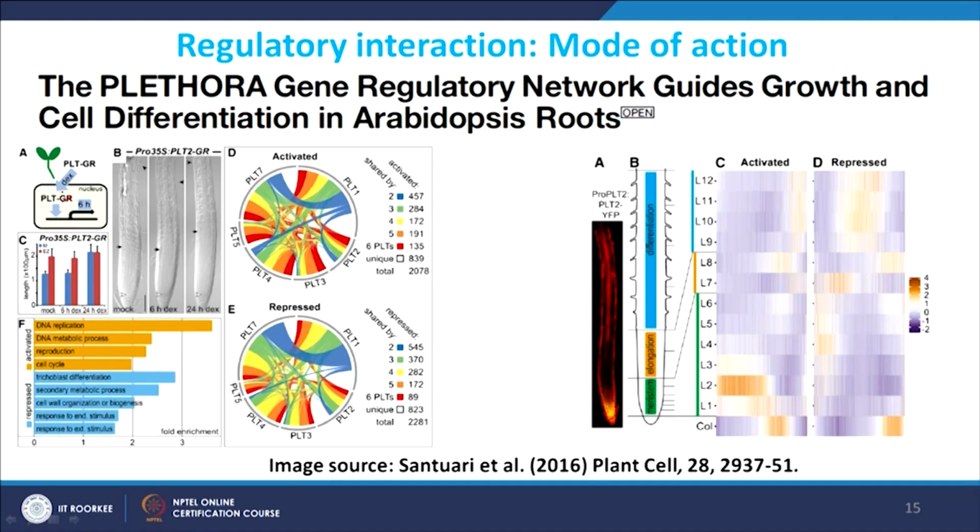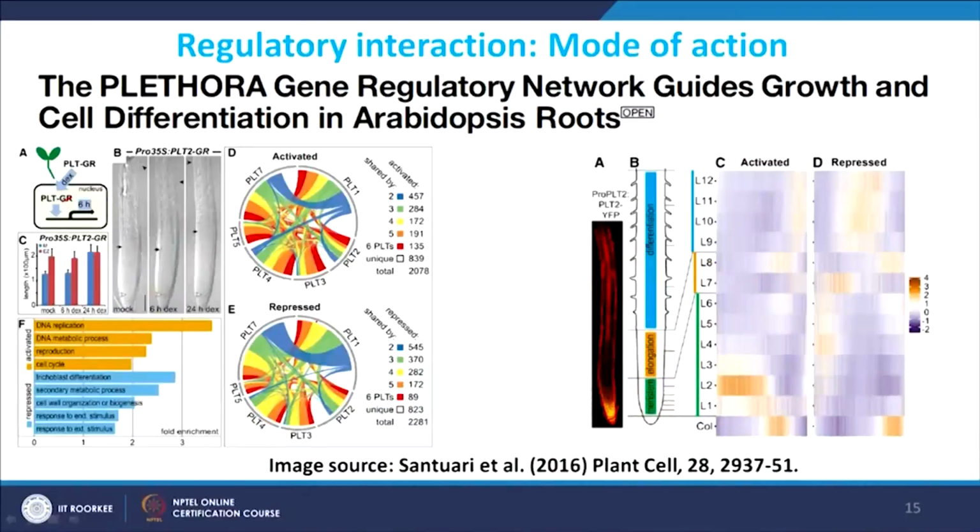If you recall, in one of the previous lectures I discussed what the glucocorticoid receptor is. This way you can control the activity of your transcription factor by regulating its translocation from the cytoplasm to the nucleus, and then after induction you can perform microarray and identify what genes are getting induced or what genes are getting repressed.